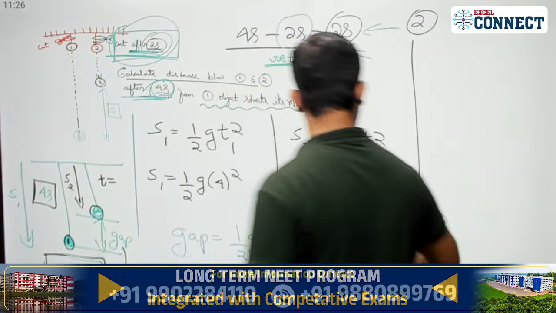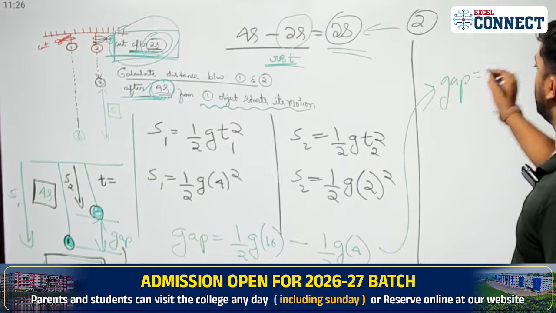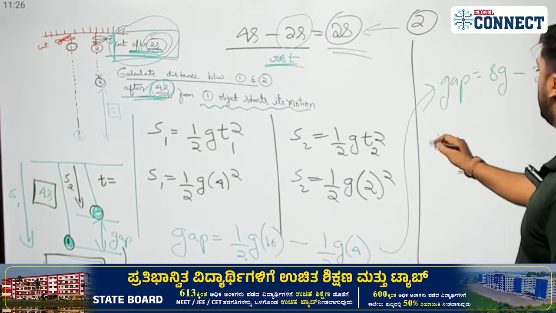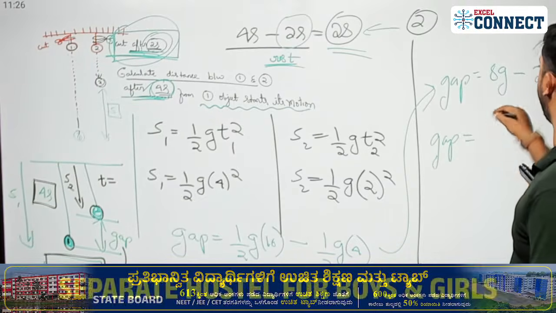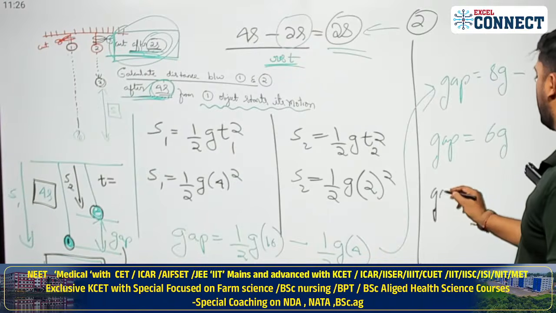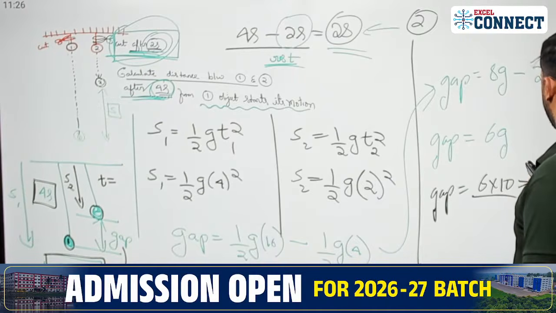If you solve this, the gap is 16 by 2 is 8g minus 4 by 2 is 2g. So the gap is 6g. If g is 10, then it is 60 meter.